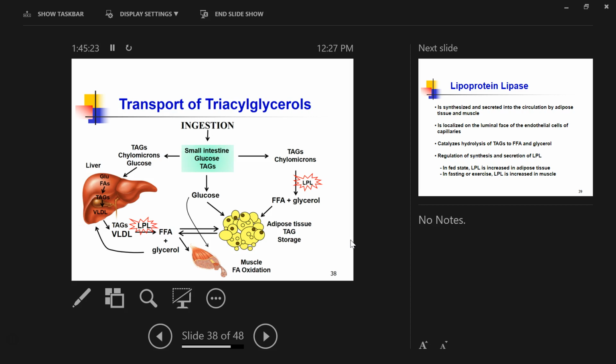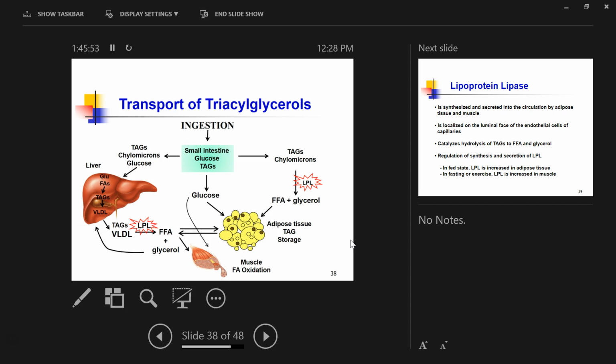The enterocyte can also synthesize chylomicron, so that it can carry triglyceride from the small intestine to the adipose tissue, and some of the chylomicron can also transport the triglyceride to the liver. But the majority of triglyceride is transported by chylomicron to the fat tissue.